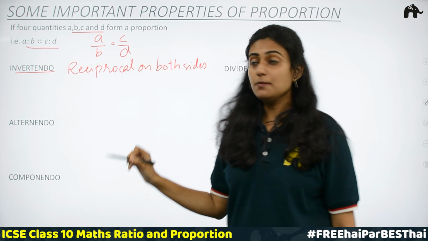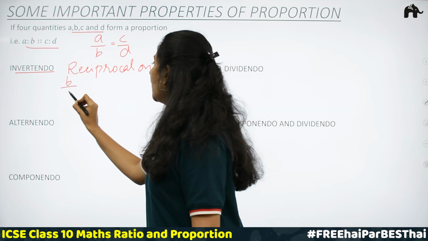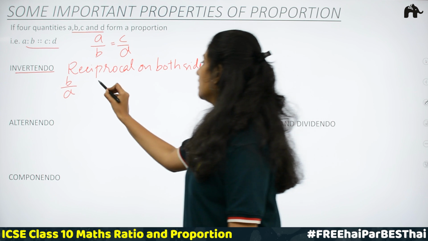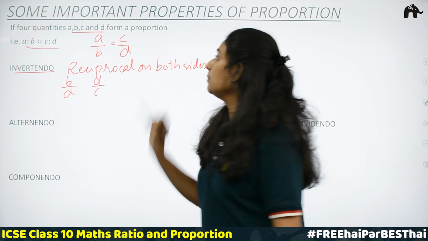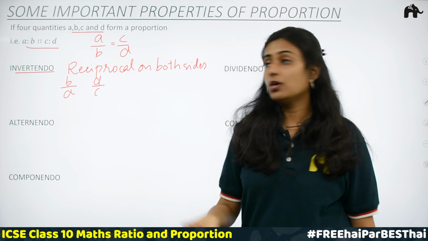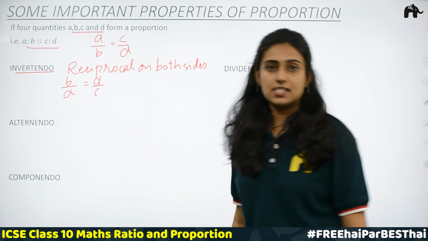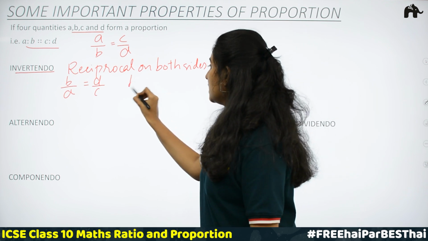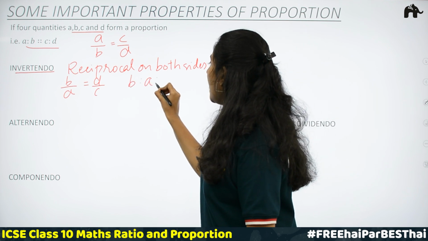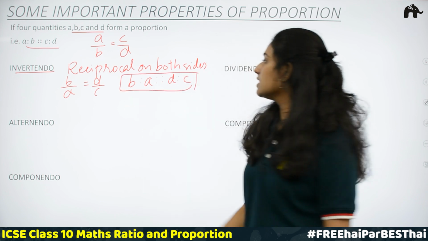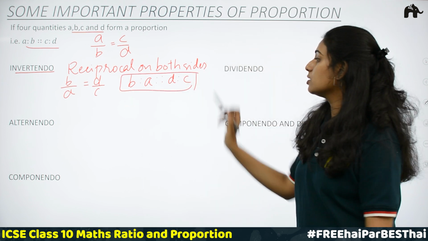A by B becomes B by A and C by D becomes D by C. If A by B is equal to C by D, then B by A is also equal to D by C. This is what the invertendo property gives. We can express this as B is to A as D is to C.